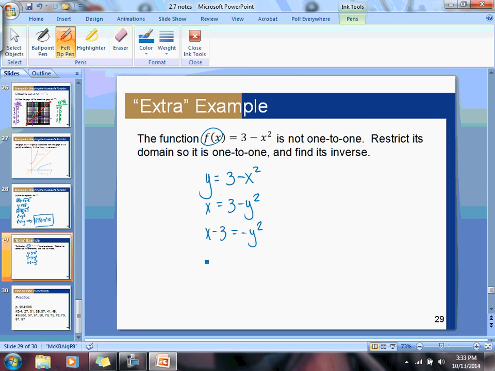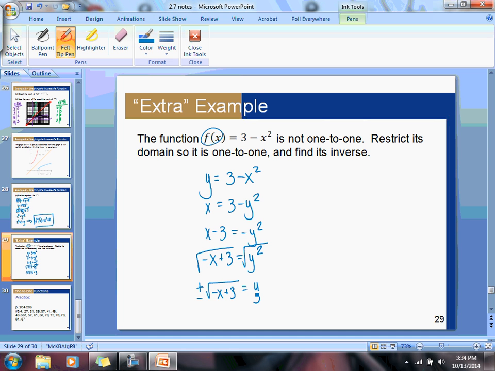I'm going to divide by that negative 1. And then here's the problem. I have to take the square root of both sides. And technically, when I do that, I get plus or minus. So I'm going to have plus or minus the square root of negative x plus 3 equals y.